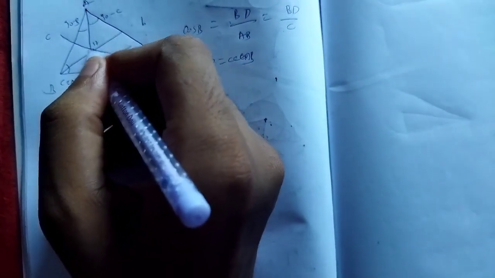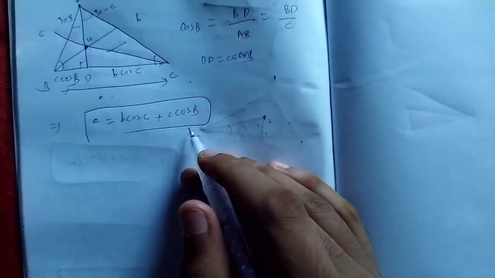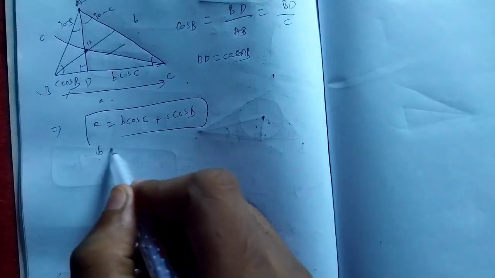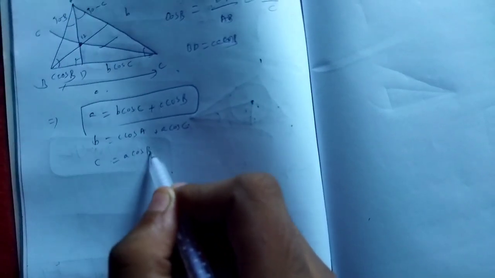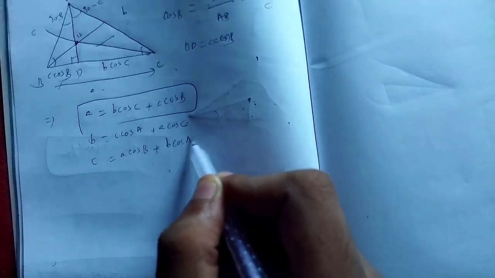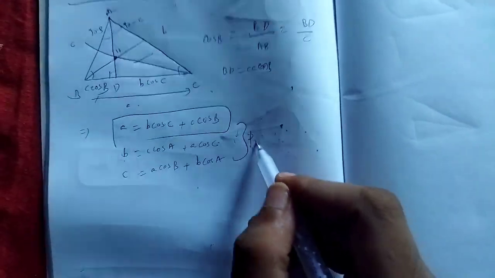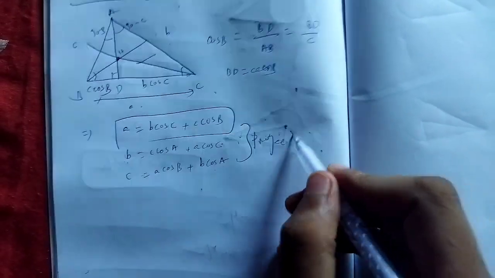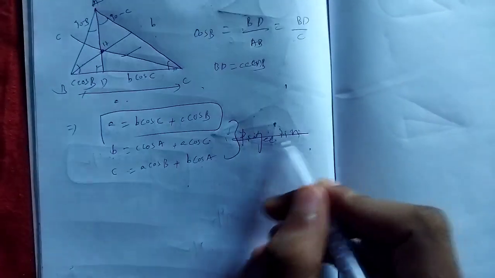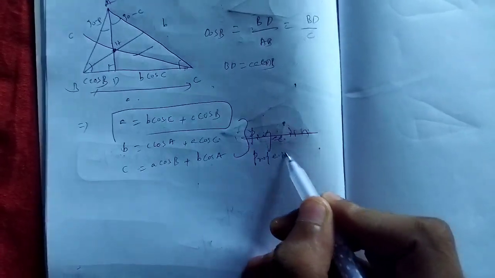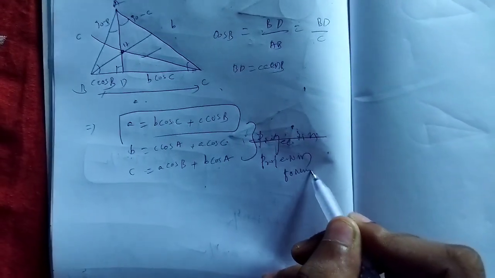Similarly, if we draw these three altitudes, we get b equal to c cos A plus a cos C, and c equal to a cos B plus b cos A. These are known as projection formulae.